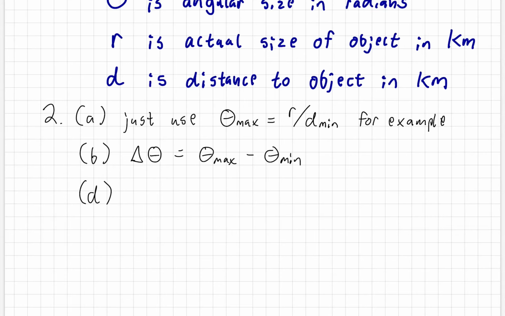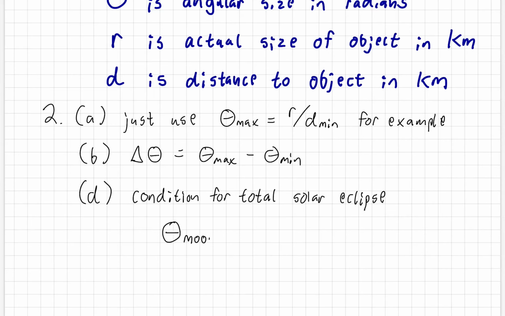For a total solar eclipse, okay, so condition for total solar eclipse is that the angular size of the moon and the sun are equal to each other, yes, but specifically that the moon is either equal to the angular size of the sun or greater than, okay? So we need the angular size of the moon to be equal to or greater than the angular size of the sun.